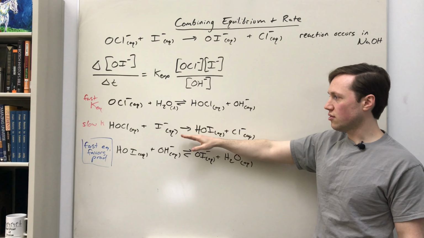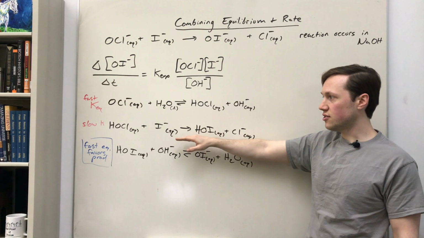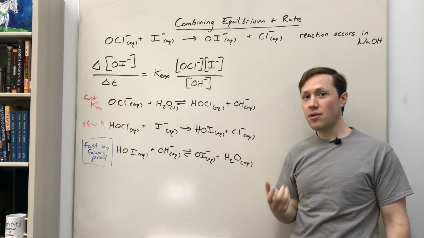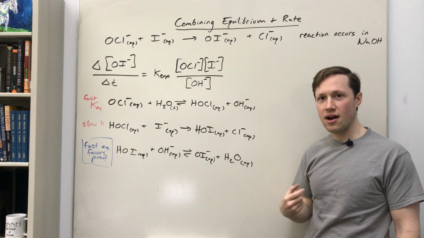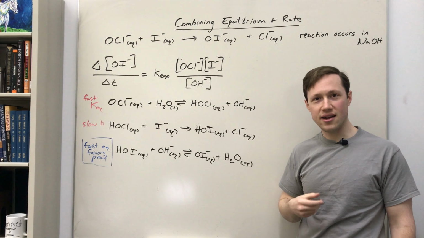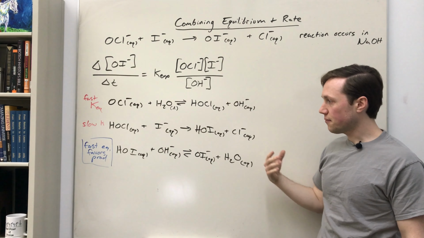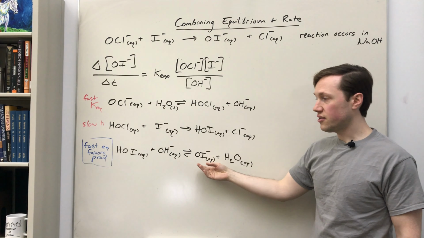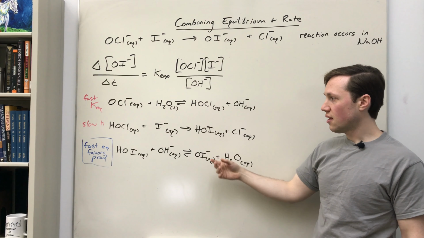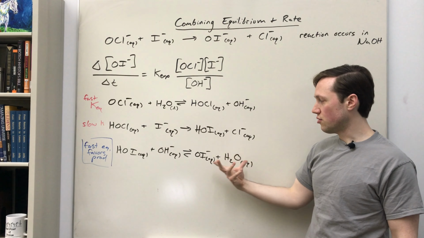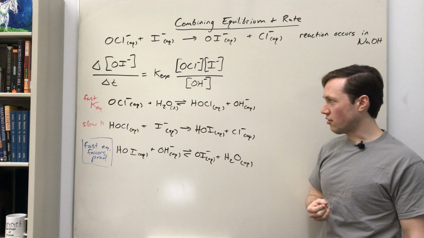Once that has occurred, the actual exchange reaction can happen. This is the slow step, which again probably shouldn't be very surprising. We're breaking a bond between chlorine and oxygen and forming one between iodine and oxygen. Then at the very end, there is a second fast equilibrium, and in that fast equilibrium, the proton is removed and we're left with our final product.